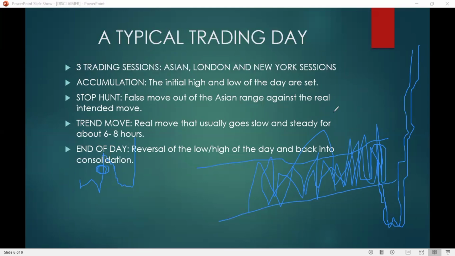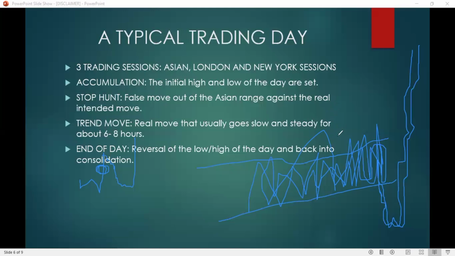We want to make billions of dollars in 2 seconds. I understand that totally. But as a trader, you've got to learn patience. When you're patient and understand everything that I'm going to be exposing to you here, you will be able to spot the trend moves.